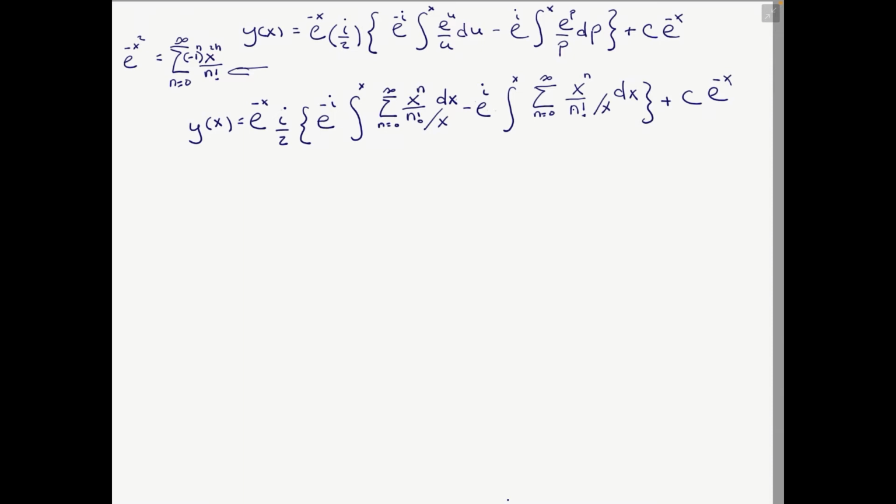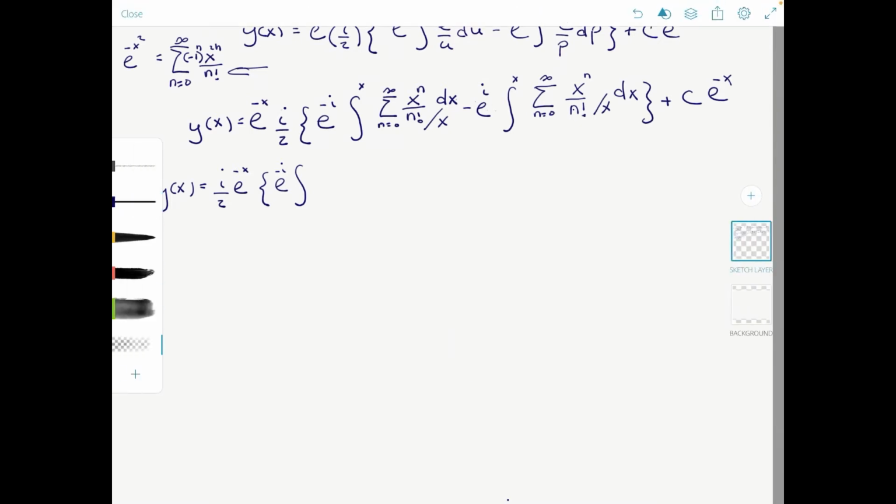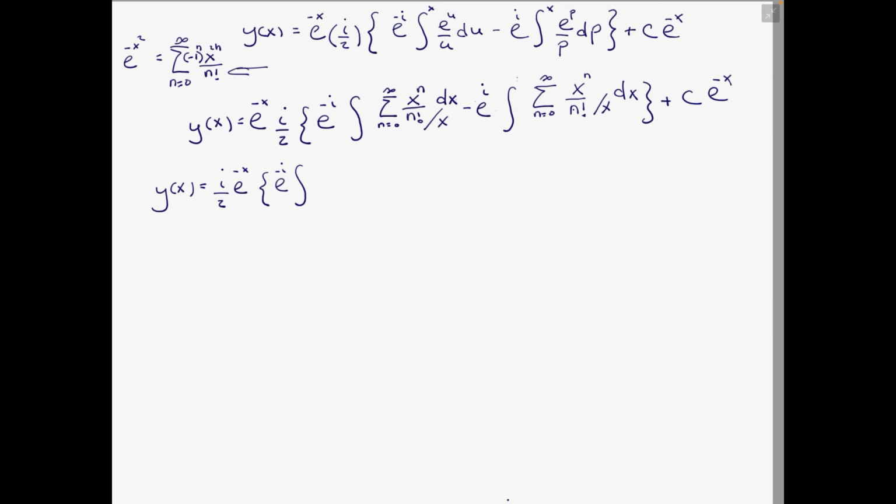But what we're going to do is go like this. You know what? This isn't needed anymore because we're already in the variable x.